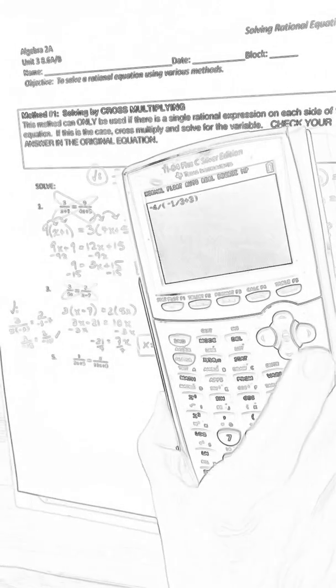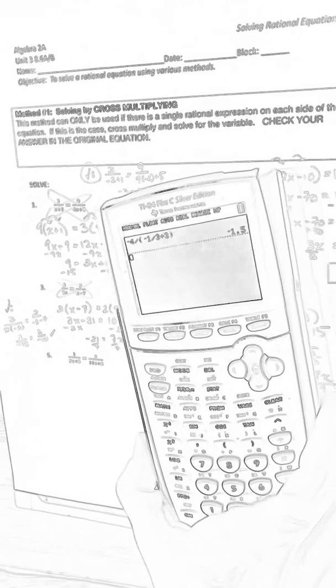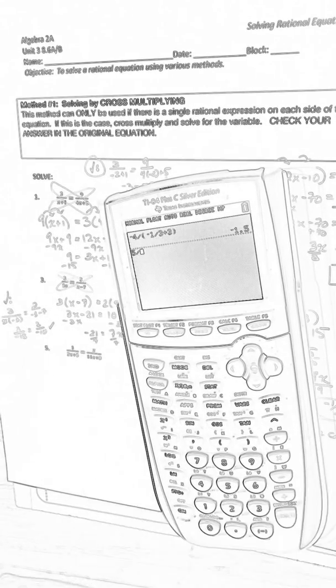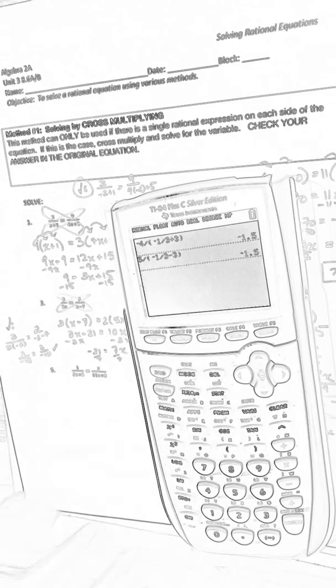Can you see it? So my left side would be -1.5. And then the right side is 5 divided by (x minus 3). Yep, so again, parentheses, -1/3 minus 3. So it works.